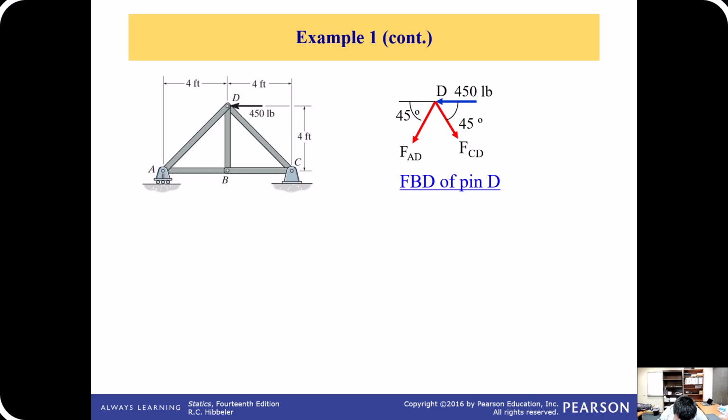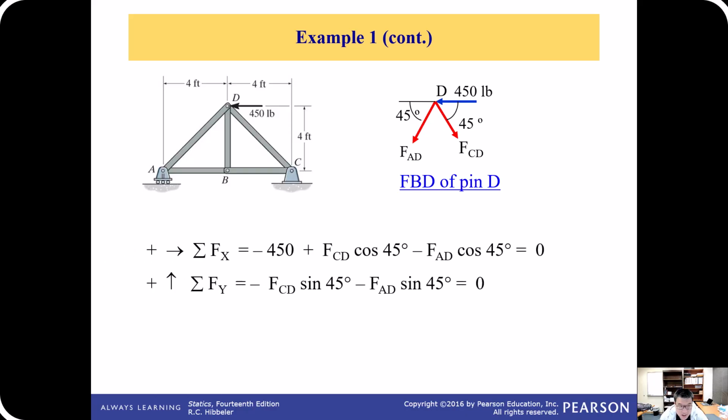And then we can apply two equilibrium equations. First one is sum of Fx equals 0, and second one is sum of Fy equals 0. For this, our assumed positive direction for x is to the right side. That's why we have a negative for the 450, plus FCD times cosine 45, and minus FAD times cosine 45.